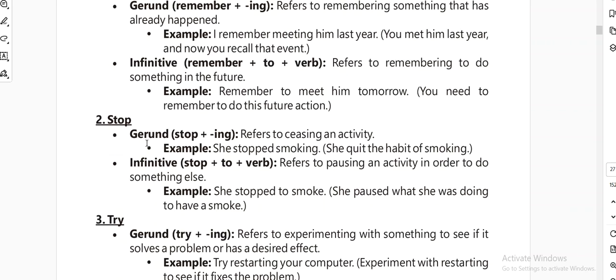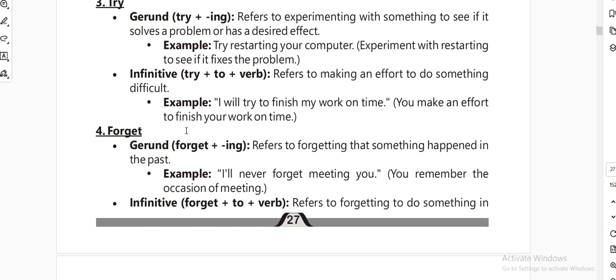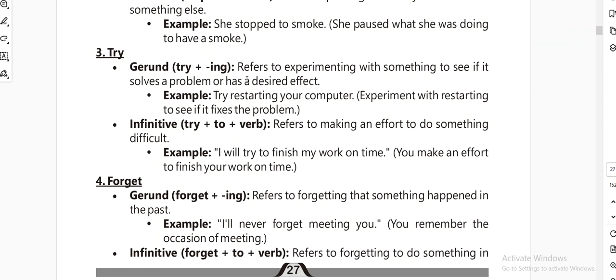Next, stop. The gerund form will be stopping, and then stop to. She stopped smoking. An infinitive example is she stopped to smoke. Next, they have given us so many other examples also, like try, trying, or try to finish my work.